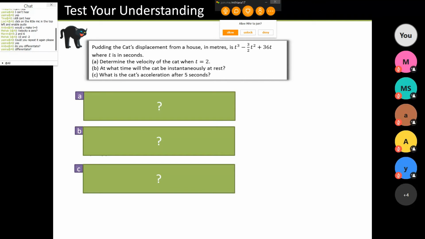Right, okay. So, what do we have here? We've got a cat's displacement from a house in meters, and it's asked us to work out a number of questions. What I would like you to do is to do this by yourself now. Having gone through the previous example, do this yourself now, and I'll give you a minute or so, and then I'll expect you to give me answers in a bit. Okay, so don't type in your answers yet and spoil it for everyone else.